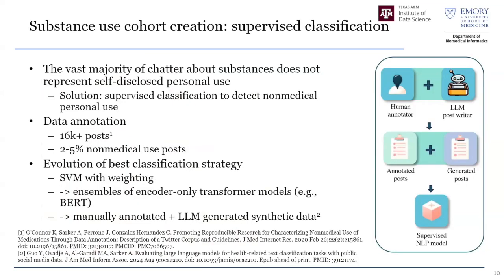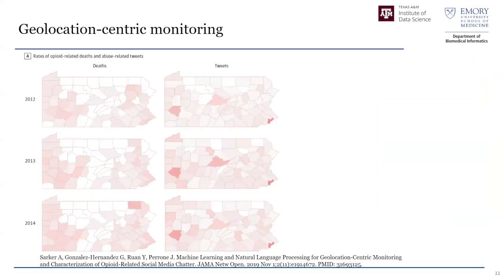And then I wanted to give you an idea of the finding side, as to what we are finding. One of the attractions of social media data, especially from Twitter, is that once we have done this supervised classification of non-medical use, we can map these to specific geolocations.